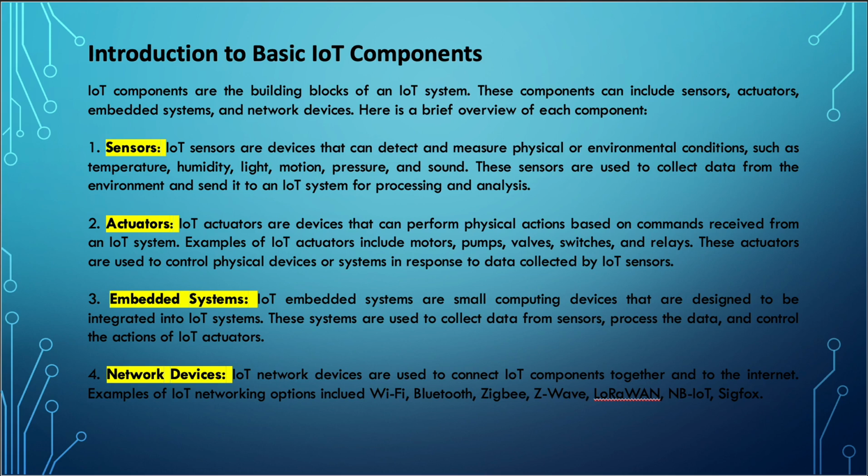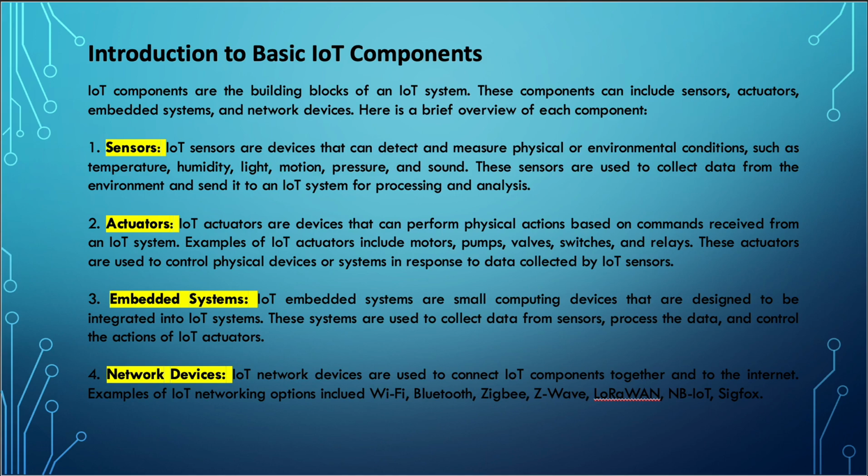Sensors are devices that can detect and measure physical or environmental conditions such as temperature, humidity, light, motion, pressure, and sound. These sensors are used to collect data from the environment and send it to an IoT system for processing and analyzing, right?